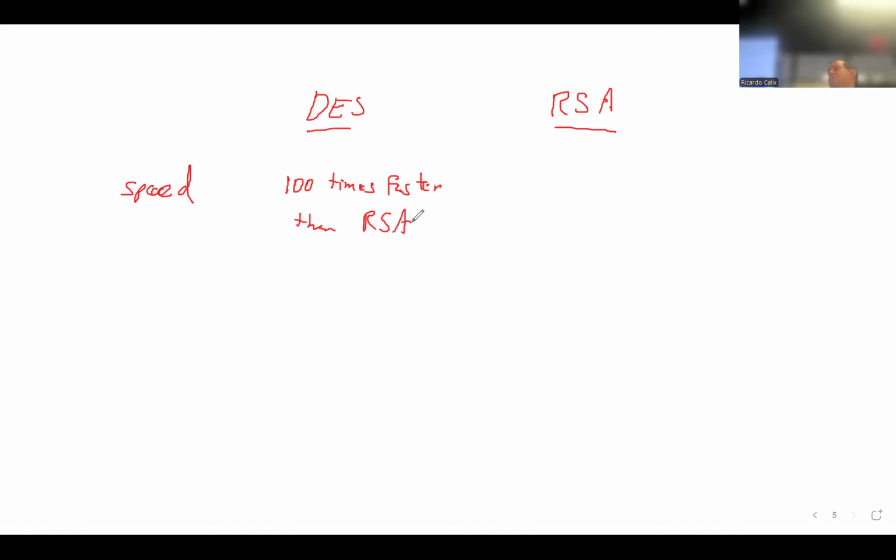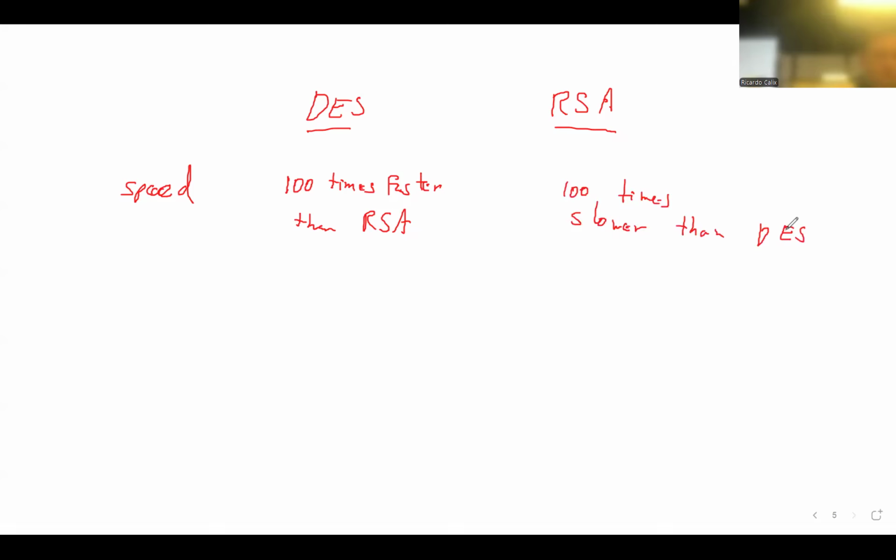Okay, so it's 100 times faster, way faster, right? That means that obviously RSA then is 100 times slower than DES. So again, there's this duality between security, but also performance.